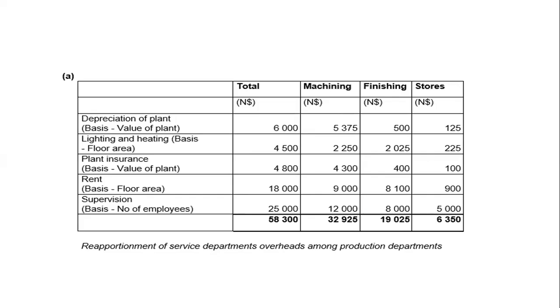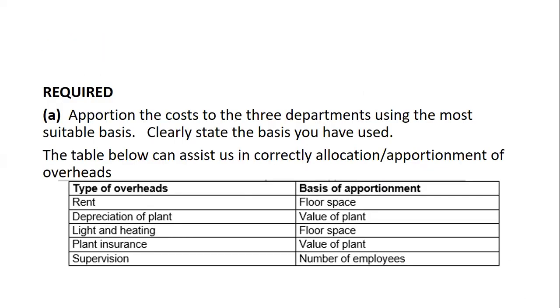When we apportion to 3 departments, we must know the basis of apportionment. The basis of apportionment is given here, which is the way you have to share your overheads between the different departments. Like here, it was floor space for rent.